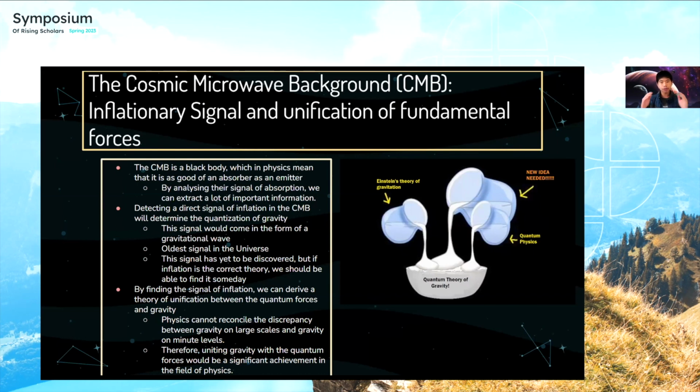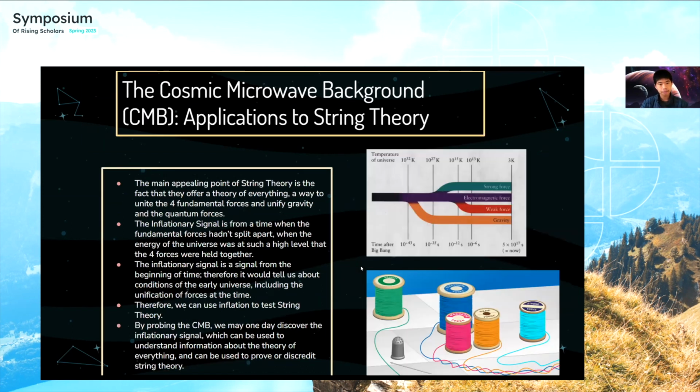So putting both of the frameworks under the same umbrella would be a significant achievement in the field of physics. And the inflationary theory would seek to reconcile this difference, which I will get to in the next slide. Now, let's talk about how the inflationary signal will help find a unified theory or quantizing gravity.